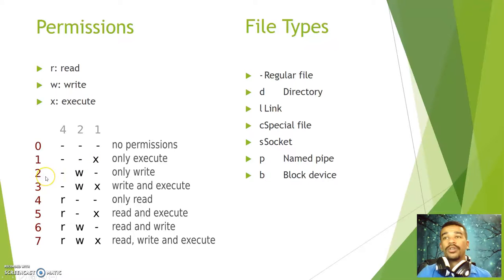In the case where you can only write to this file, you'll see a dash W dash, which will have a decimal value of 2. We have the write and execute permissions, which will have a decimal value of 3. If you can only read this file, then it will have a decimal value of 4, and so on for the values 5, 6, and 7 for the permissions to read and execute, read and write, or read, write, and execute.